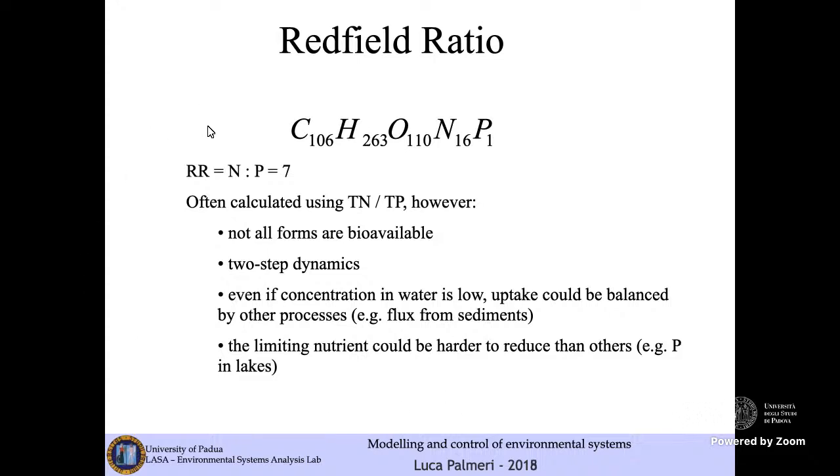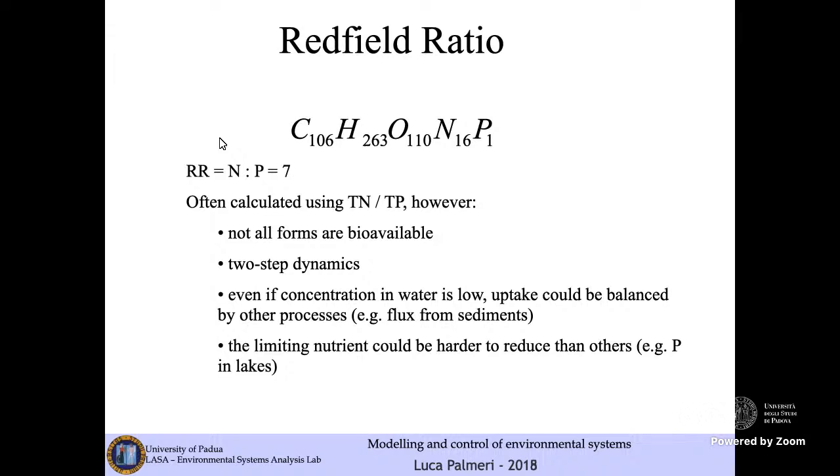You often calculate the Redfield ratio by using total nitrogen and total phosphorus. However, you should be aware that not all forms are equally bioavailable, as we have just said. So, depending on the condition of the system you are going to model, you may decide to employ other estimations of the quantity of nitrogen and phosphorus.